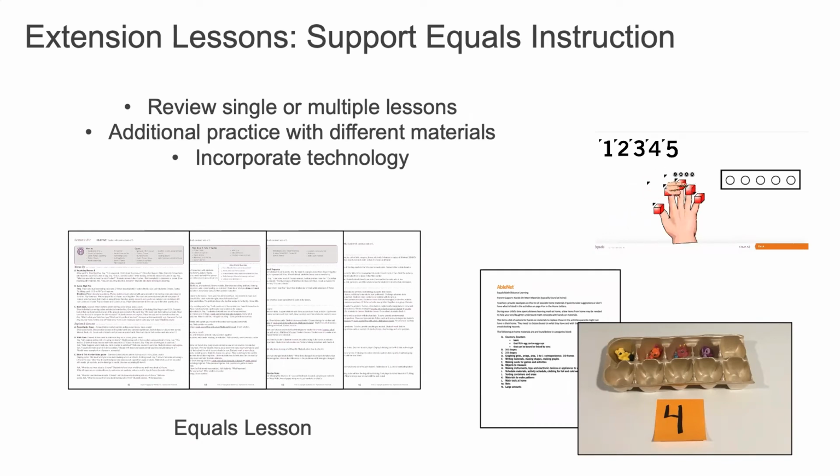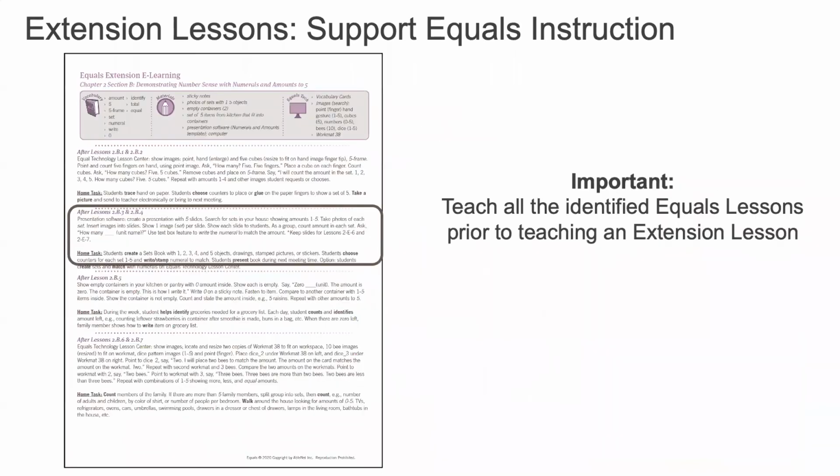If you do decide to use the extension lessons to extend or enrich your Equals math lessons, be sure you have taught all of the identified Equals lessons prior to teaching an extension lesson. For example, here I have the extension lesson highlighted, so 2B3 and 2B4.